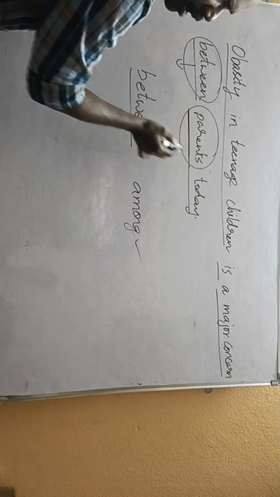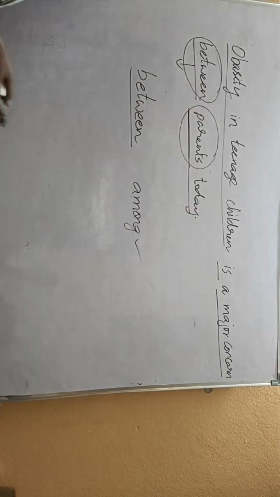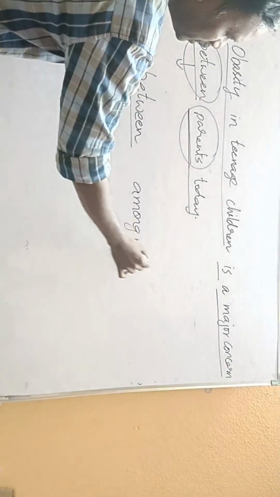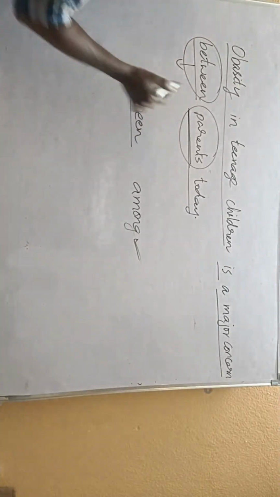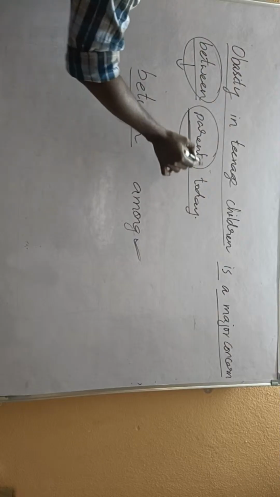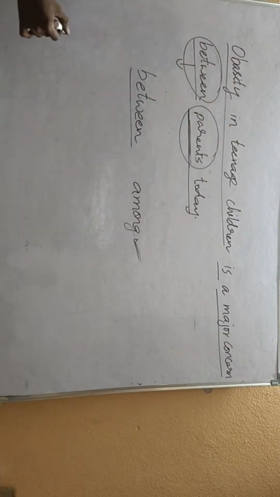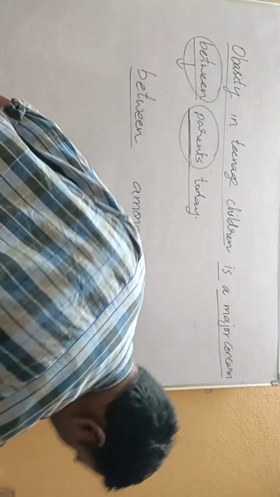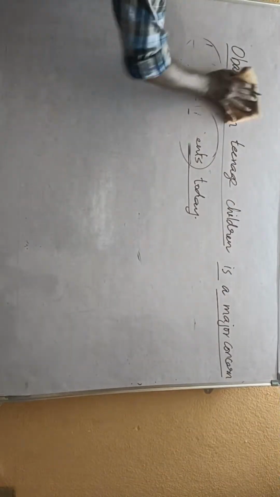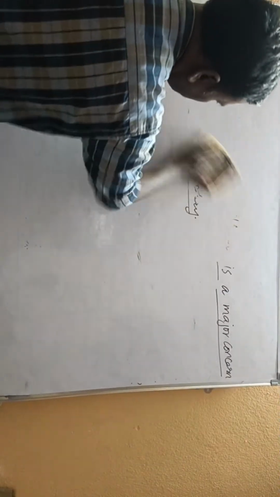But here two or three were not mentioned, so we have to write among parents. Parents means many, more than two, all the parents of teenage children. So among is the correct word.